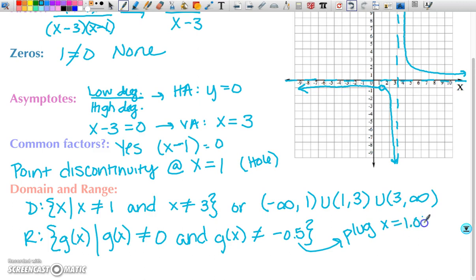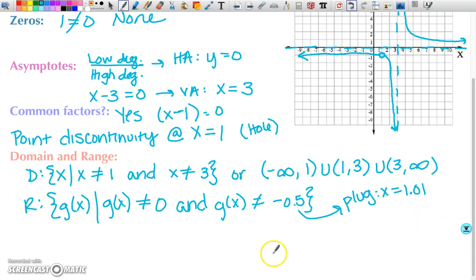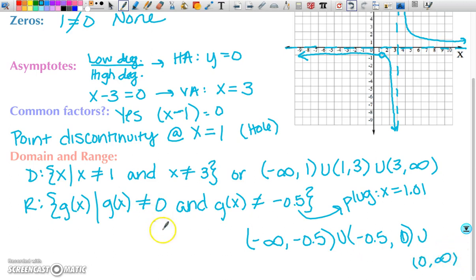So I would do like x equals 1.01. And that's how I get that number. And then when we go to throw that into interval notation, we do negative infinity to negative 0.5, because that number comes first, union negative 0.5 to 0, union 0 to a positive infinity.